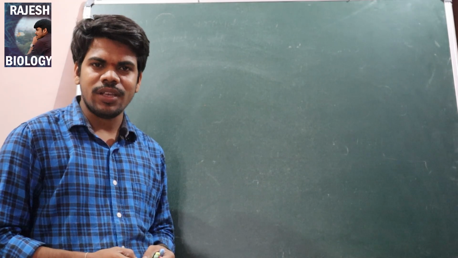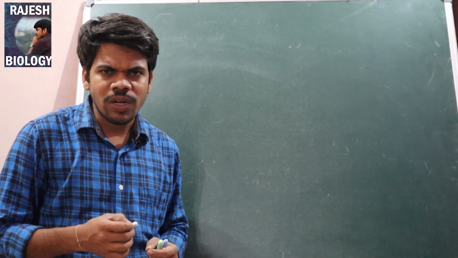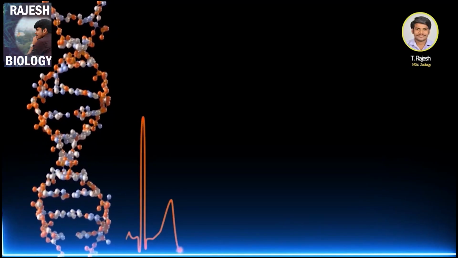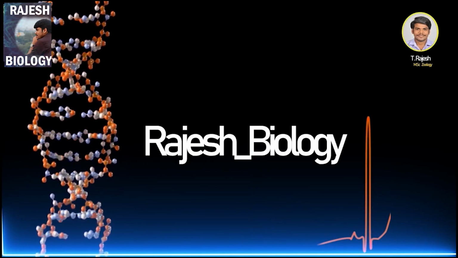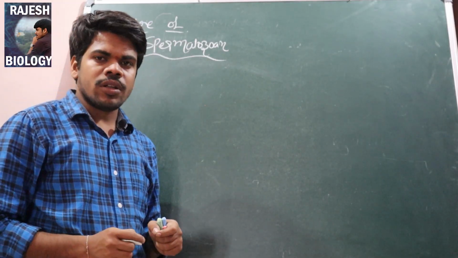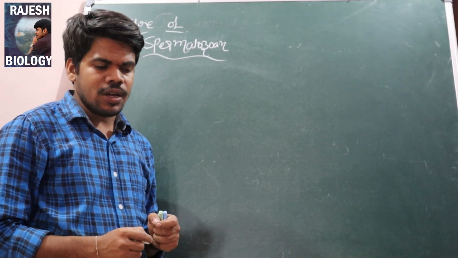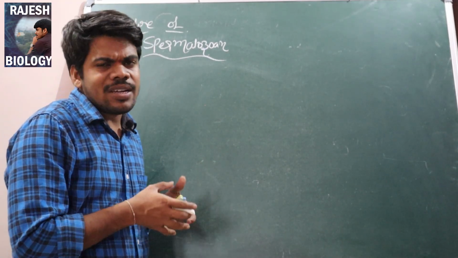So today our topic is spermatozoan structure, a mature spermatozoan structure. Previously we completed the spermatogenesis process, and before that the testis structure also.